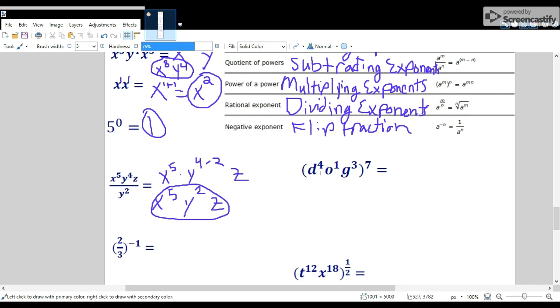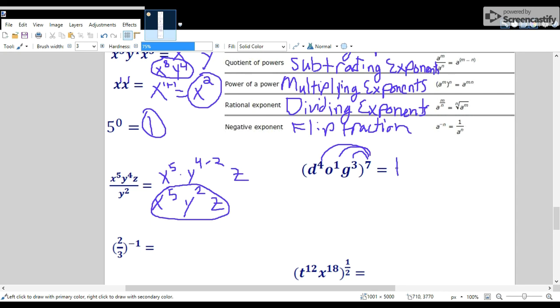Now the next one, d to the 4th times o to the first times g to the third, all to the 7th power. We have parentheses with exponents on both sides. So we do power of a power, multiply exponents. So you multiply that 7 into each of the 3 bases' exponents.